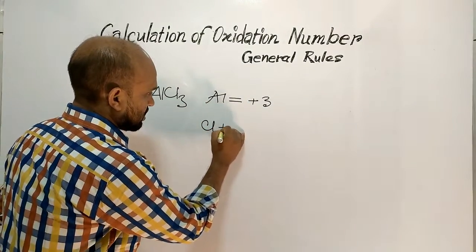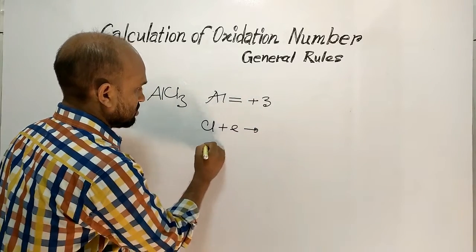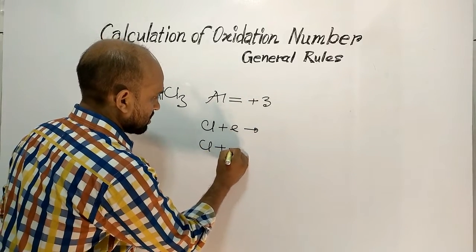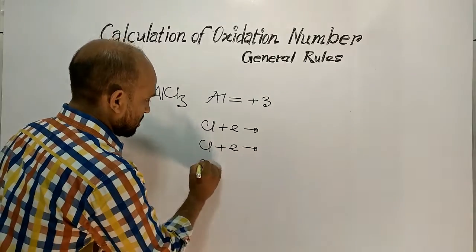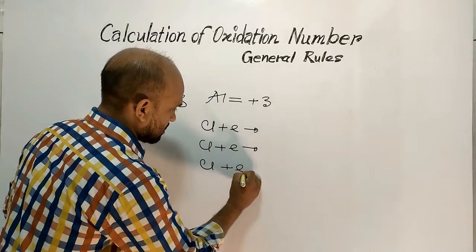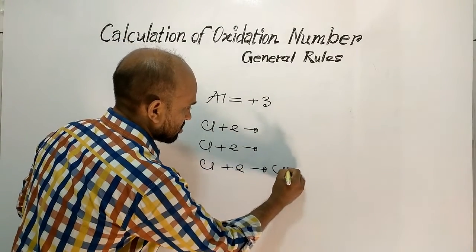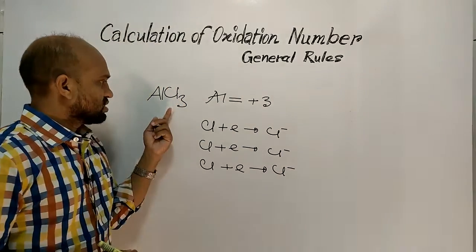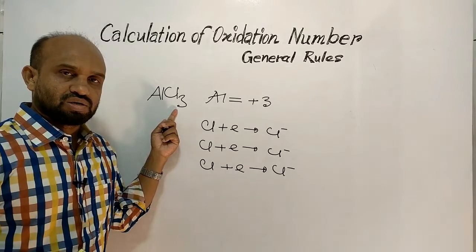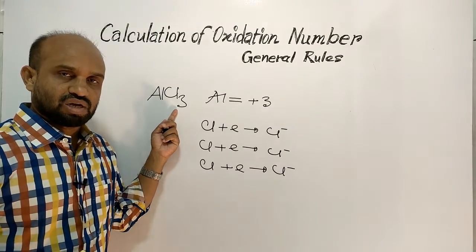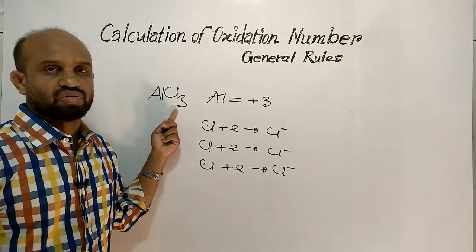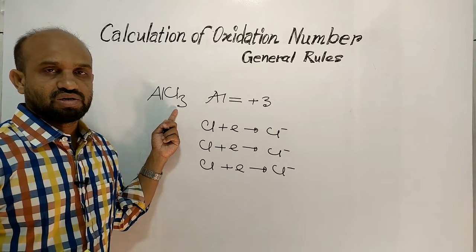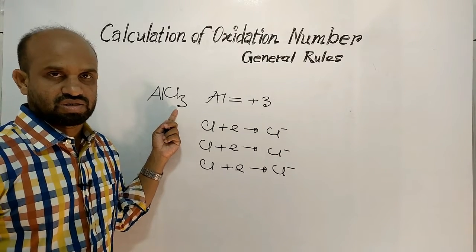One chlorine atom accepted 1 electron, another chlorine atom another electron, and another chlorine atom another electron, and chloride ions are formed. So in this compound, the number of electrons accepted by one atom of chlorine is its oxidation number.